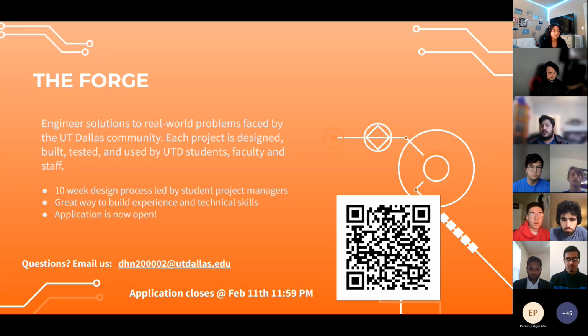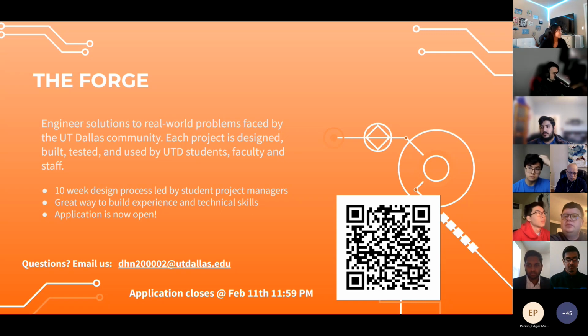Aaron, you can introduce yourself right now, actually. Good time. Hi there, guys. My name is Aaron. I'll be helping Dylan out with the business side of Forge. This will include advertising Forge, as well as handling the budget with the project managers within Forge. I'm really excited to be working with y'all for the rest of this year.